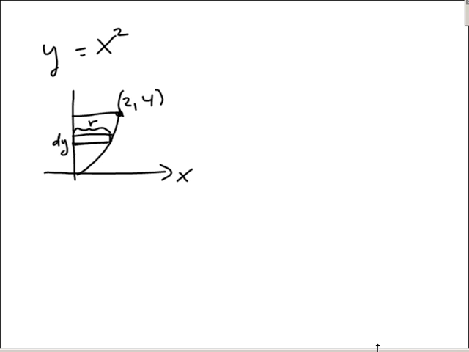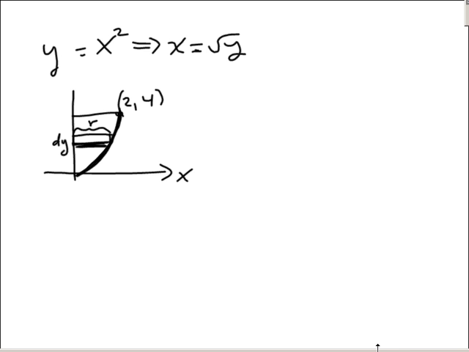This length is x. This equation says that x is the square root of y. If y equals x squared, then x is the square root of y. Why is it not plus or minus? The only reason is because all our x's along this portion of the curve are positive.